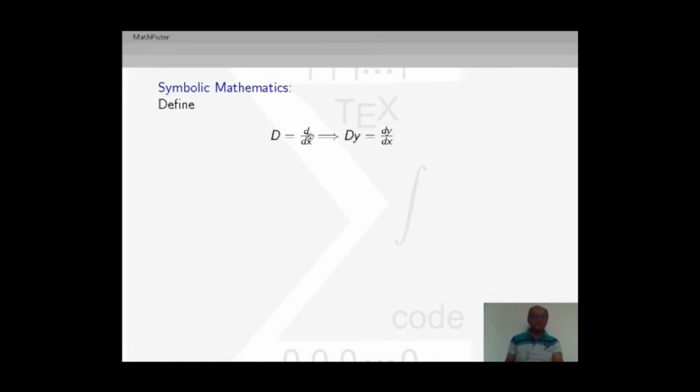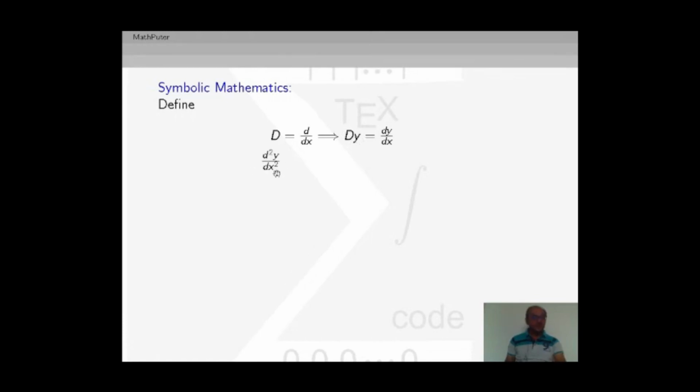What is D? We know that d by dx, the derivative, is an operator, right? An operator is a function. For functions we use the symbols f, g, h. So here we are using the symbol D, right? So this is the derivative function, which is evaluated at point y. dy by dx is equal to Dy.